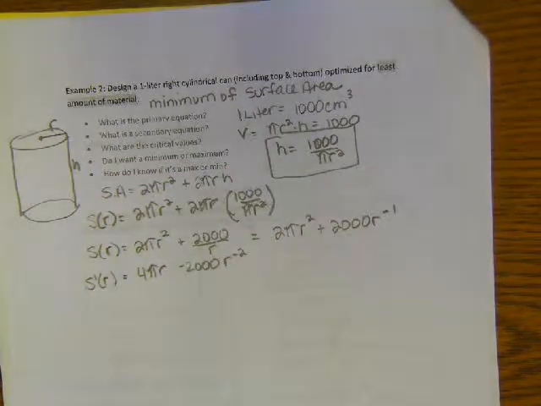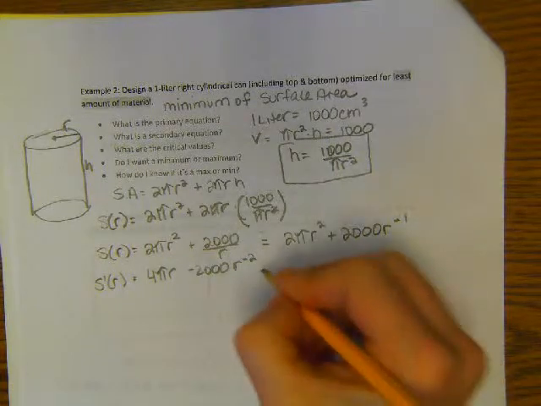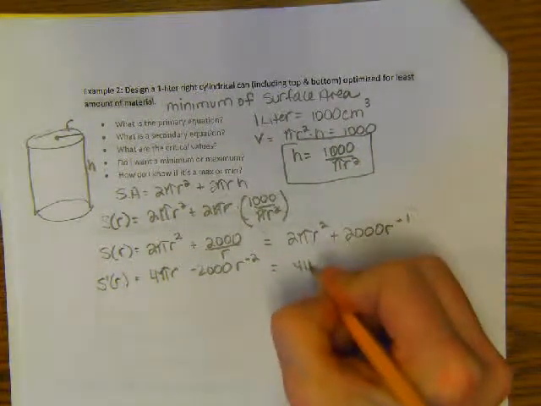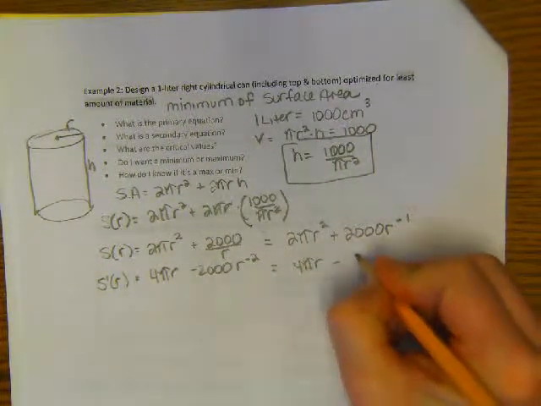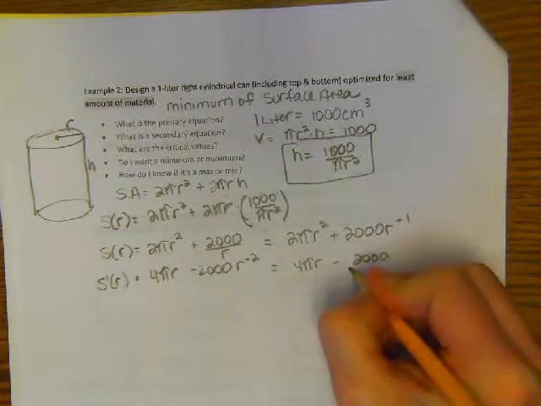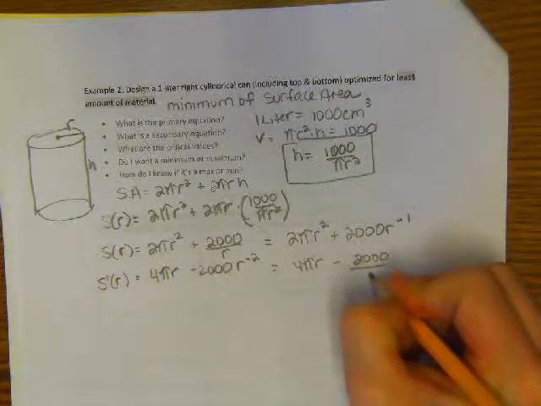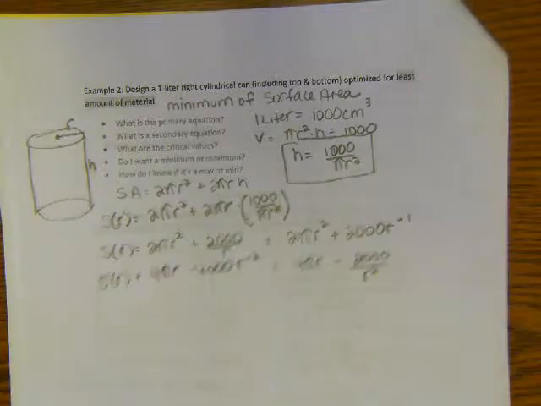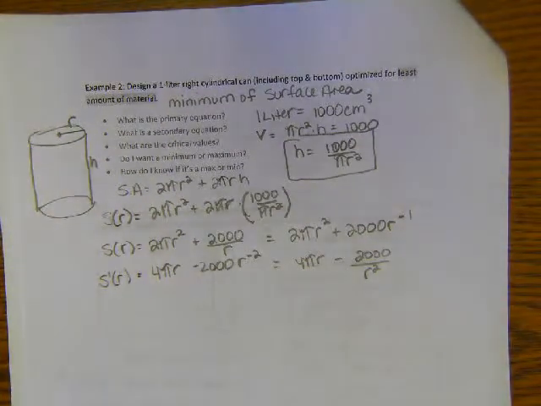Did you get that? Alright, let's rewrite it as a fraction. 4 pi r minus 2,000 over r squared.